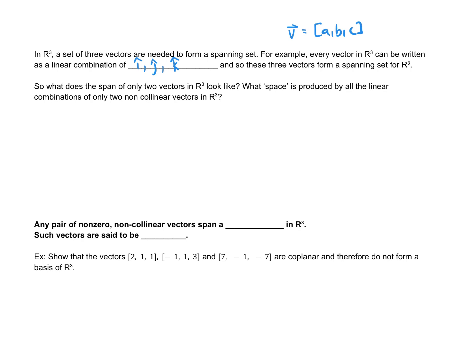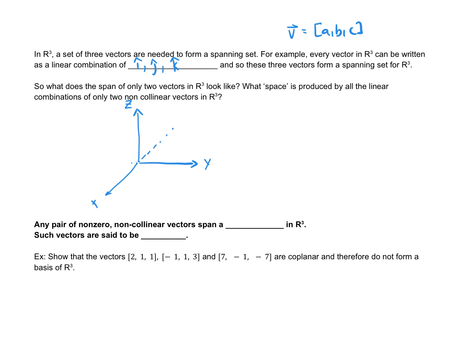So what does the span of only two vectors in R3 look like? What space is produced by all the linear combinations of only two non-collinear vectors in R3? Okay, let's just start with a little diagram. So here's the z-axis, the y-axis, and coming forward is the x-axis.